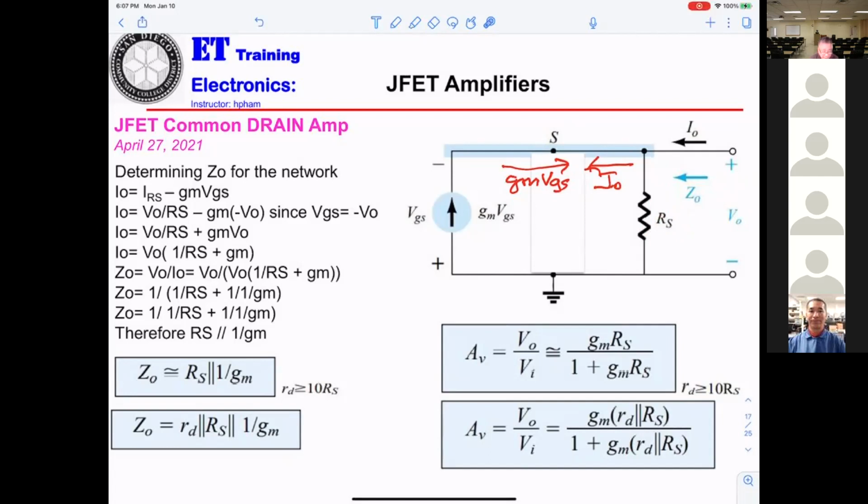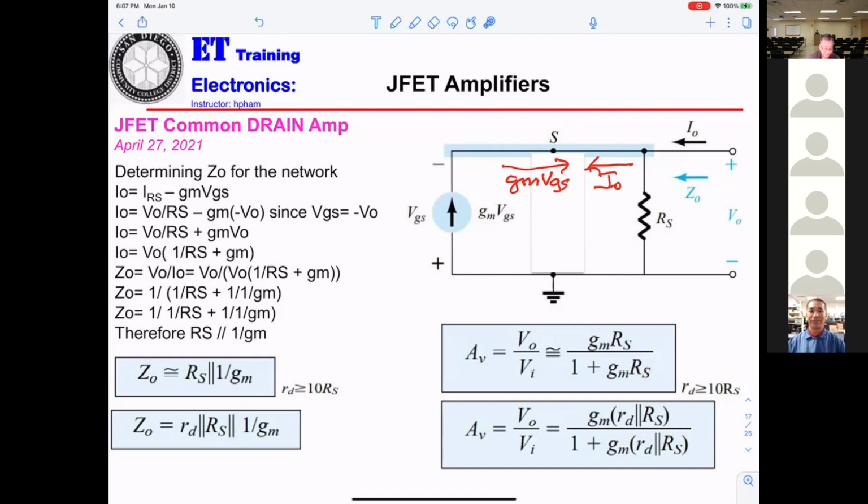And also they can tell you VGS, that means voltage from here to here, VGS, and the V out, that will be the same voltage, but they differ.